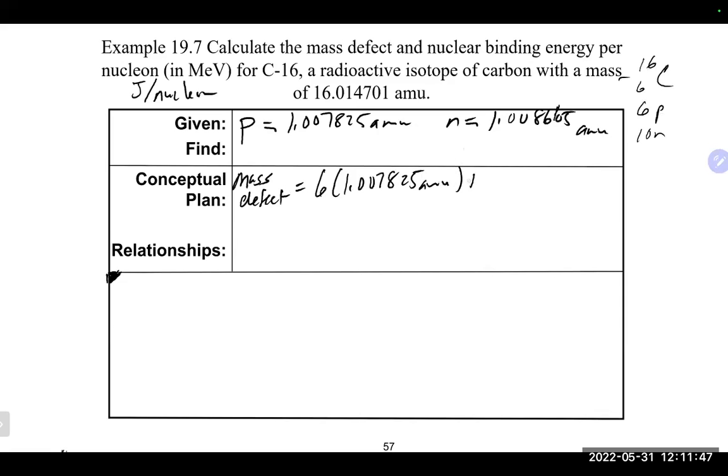We then will add it to 10 times our neutron's mass, 1.008665. We then will subtract it from the atomic mass of the isotope, which was given to us, 16.014701 AMU.